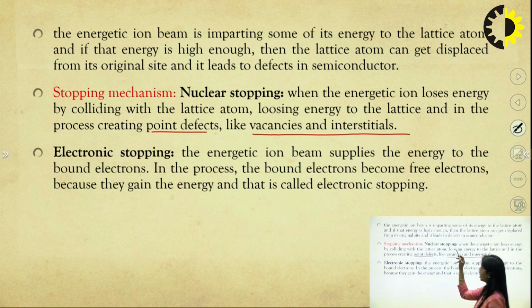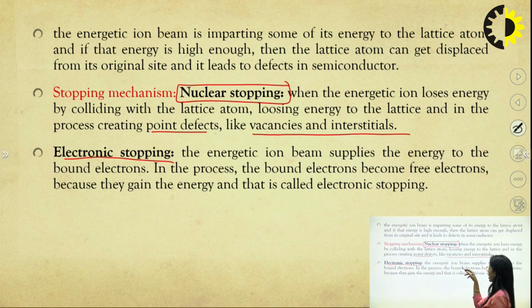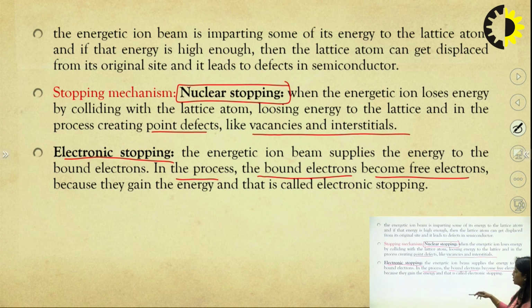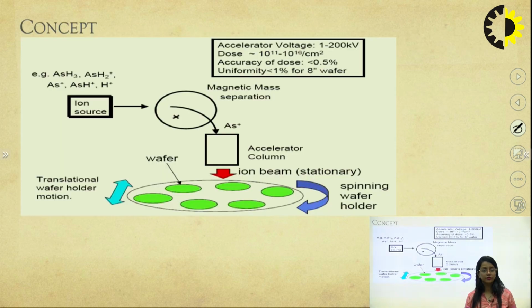This is nuclear stopping. When we talk about electronic stopping, the energetic ions supply their energy to bound electrons. In this process, the bound electrons become free electrons and they gain energy, and we call it electronic stopping. So here they don't create point defects, and here they don't create vacancies and interstitials. So one is nuclear stopping, another is electronic stopping.